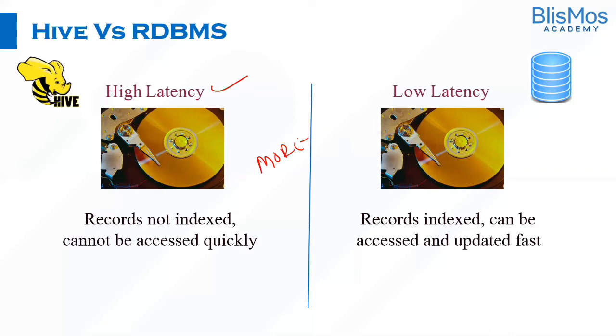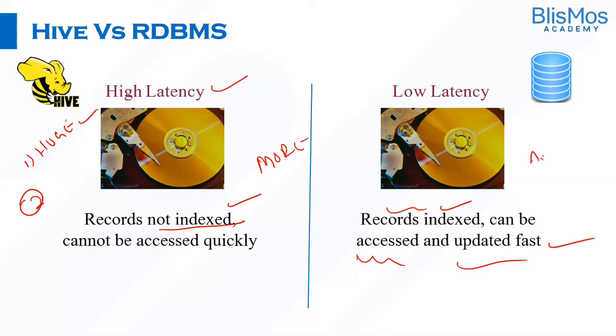One reason is the data we are dealing with is already huge. The second thing is it is not even indexed. Indexing makes data access faster. That is the reason in the RDBMS systems, since the data is indexed, they can be accessed and updated fast. And the second thing here is the amount of data we are dealing with is also less.